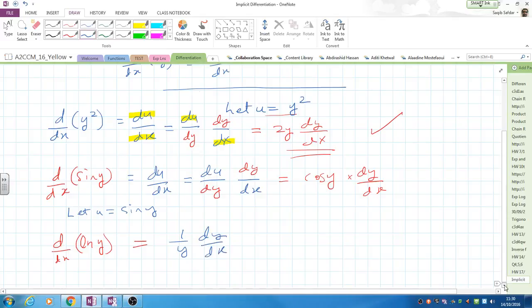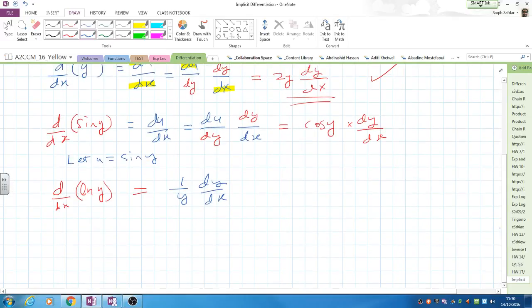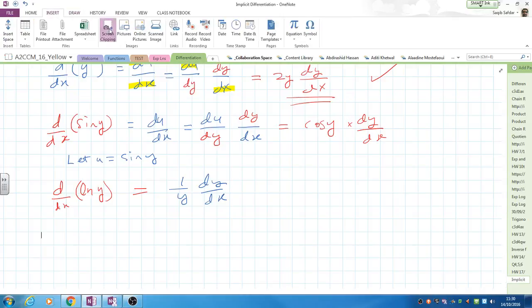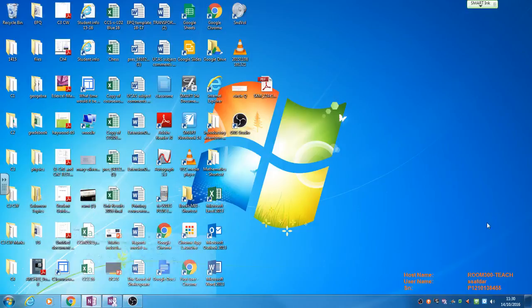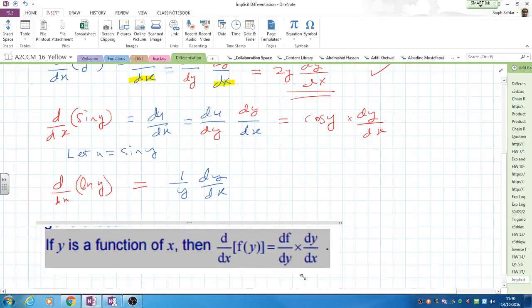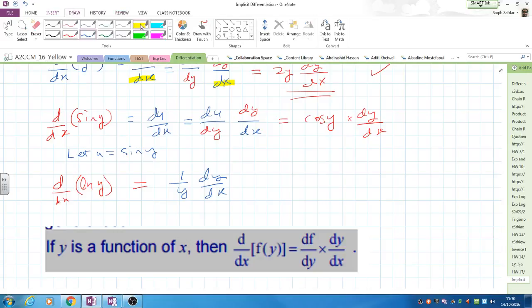So if you were to summarize this in a rule, what we've got is this. If you're differentiating some function of y with respect to x, you will get df over dy times dy over dx, which just stays there.